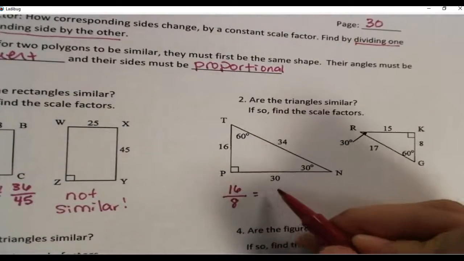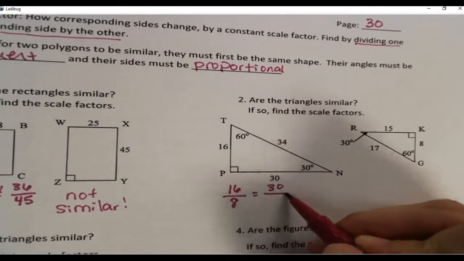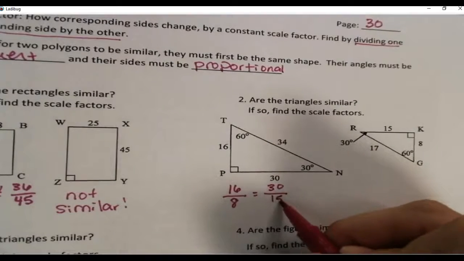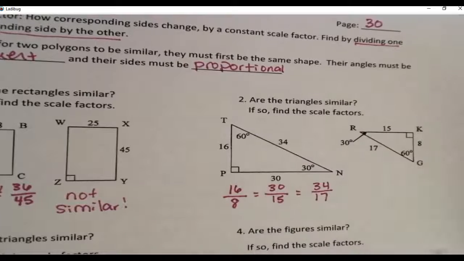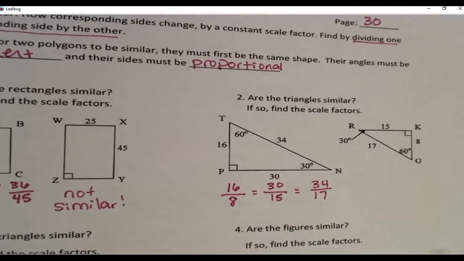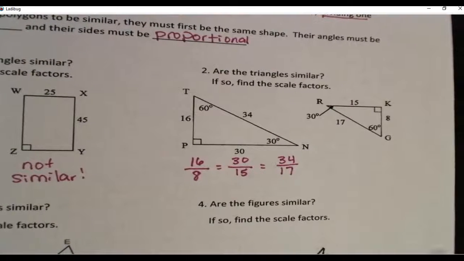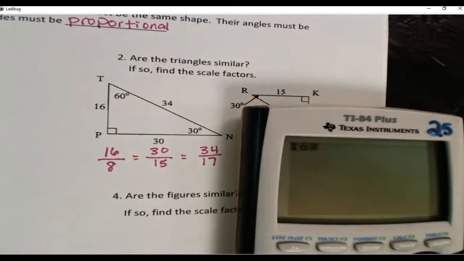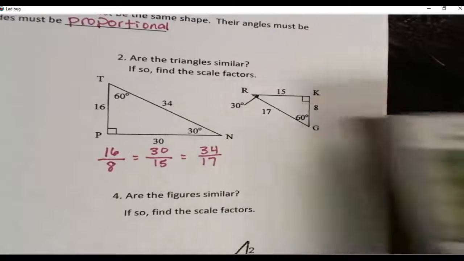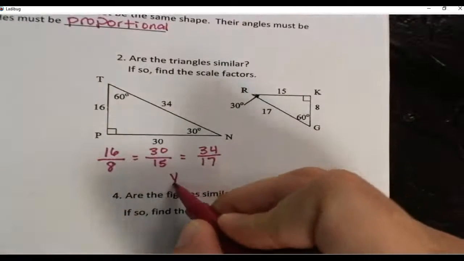We want to know, does that equal, let's go 30 over 15. And does that equal 34 over 17? So let's try it out. So 16 divided by 8, 2, good. 30 divided by 15 is 2, and 34 divided by 17 is also 2. So are they similar? Yes.